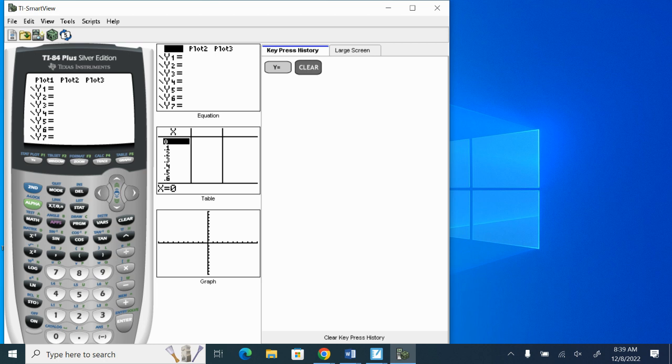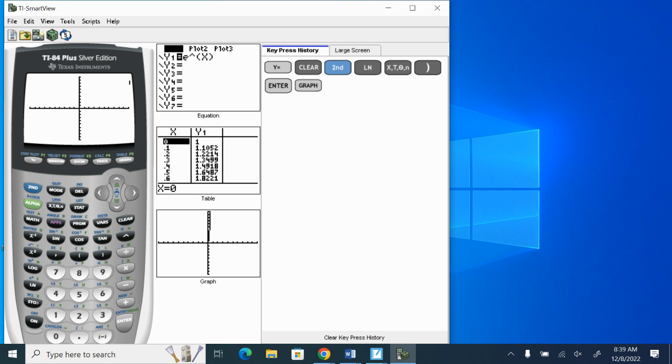And let's graph e to the x. I'm not sure what my window looks like, so I need to change my window. There would be our graph of e to the x.